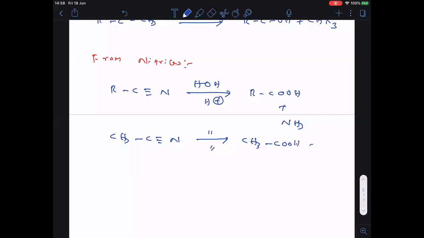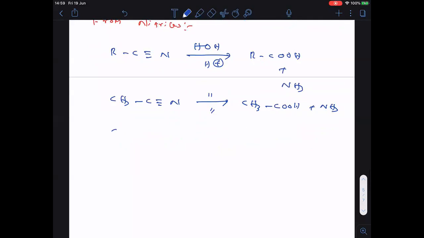CH3COOH is formed and ammonia is formed. Completed everyone? Now, one more example is this one: C6H5, C triple bonded N when treated with water in acidic medium. You try this one, everyone?